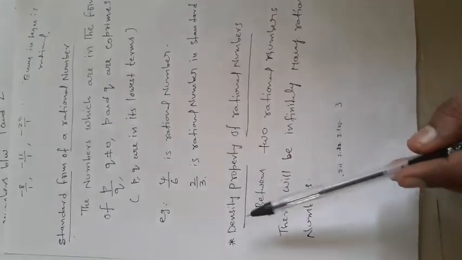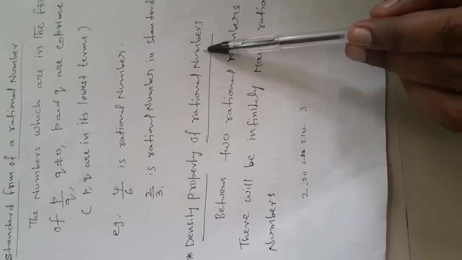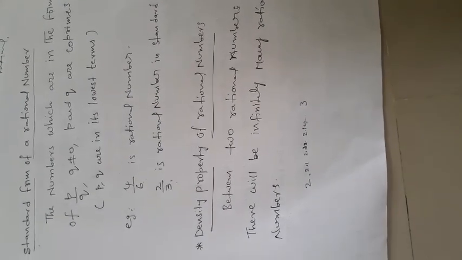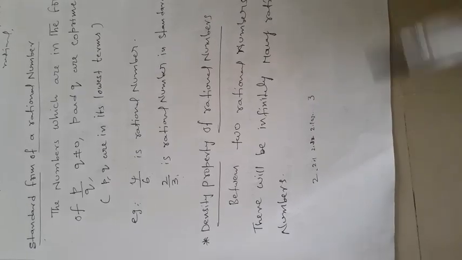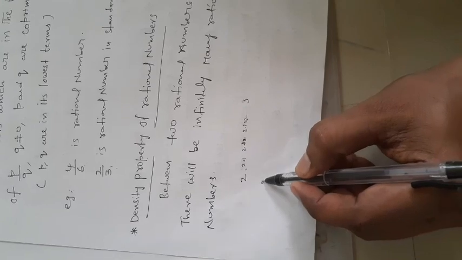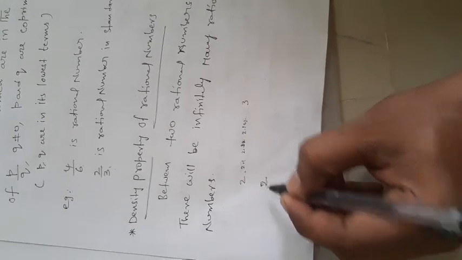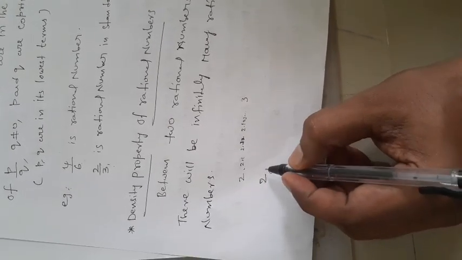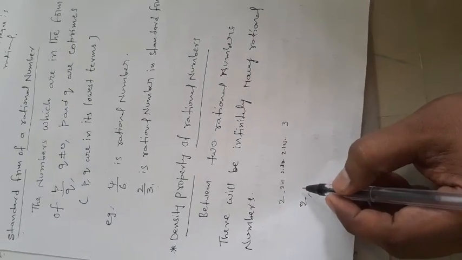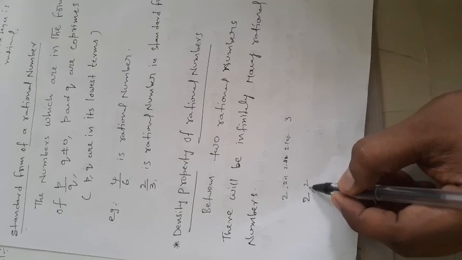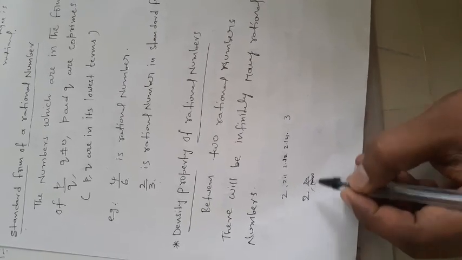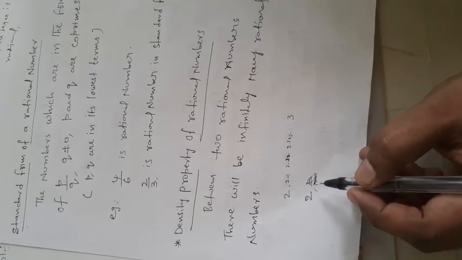Now the density property of rational numbers, very important. Density means more numbers. That means between any two rational numbers, take 2 and 3, we can write many numbers in between.